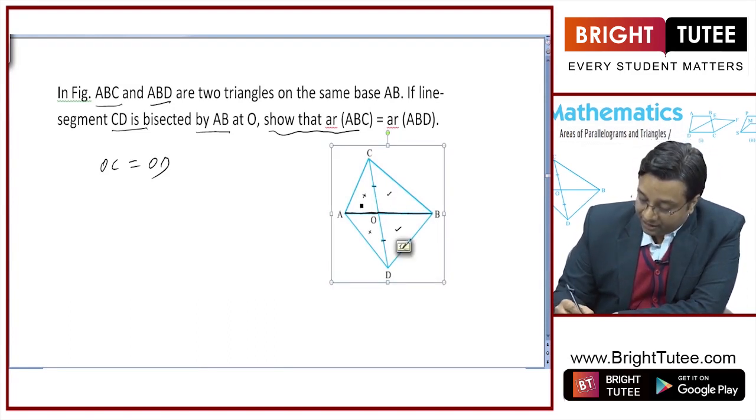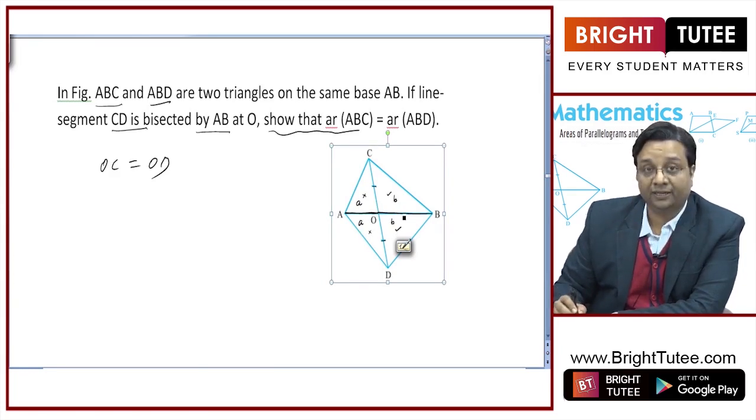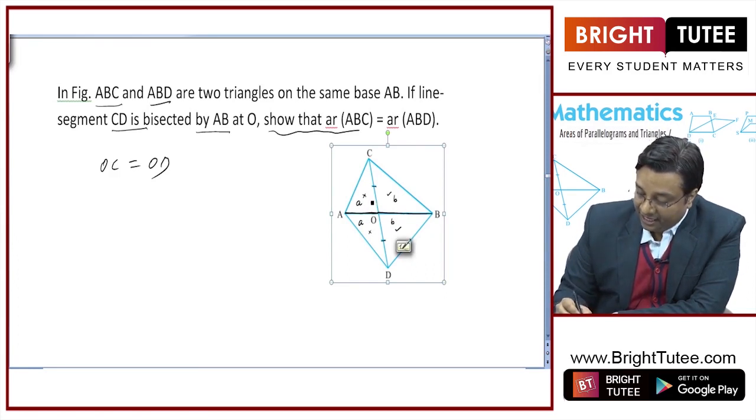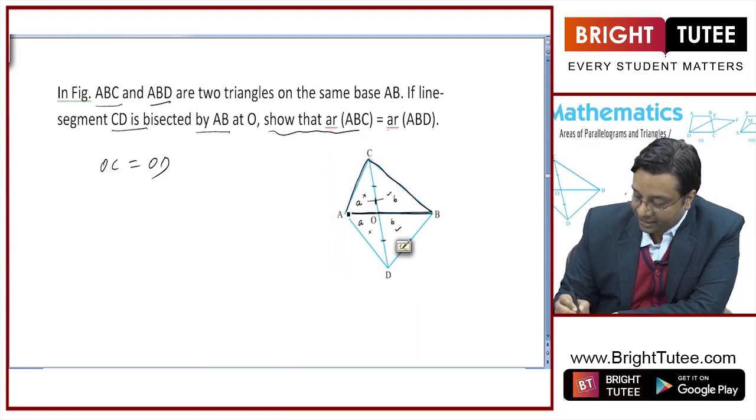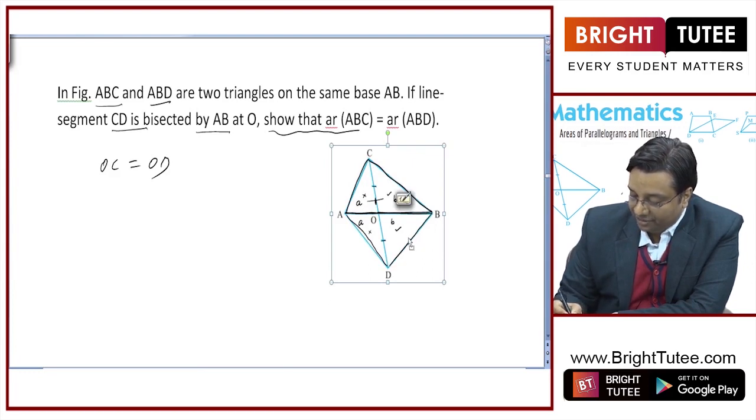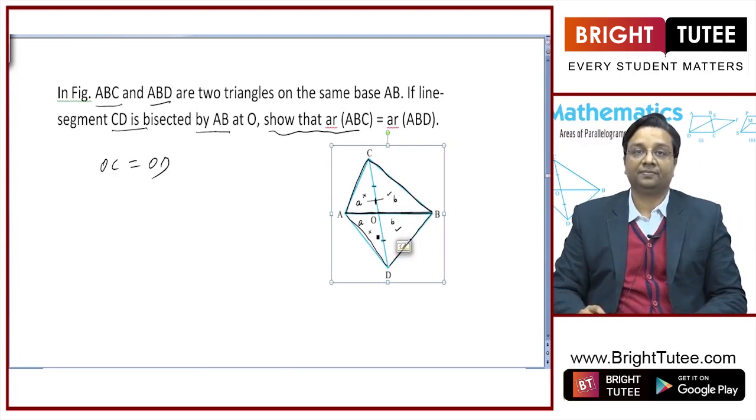Now let us say this was A, so this was also A. If this is B, this will also be B in terms of area. Now if I add A and B, area of this triangle ABC is A plus B. Similarly, area of triangle ABD is also A plus B, hence these are equal.